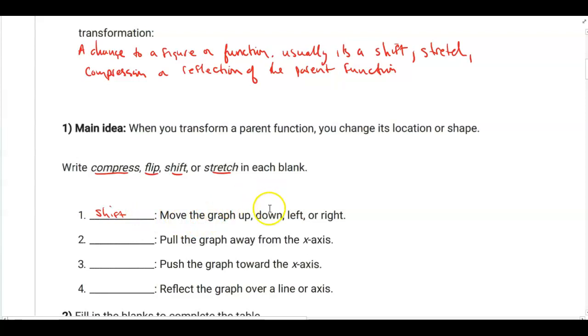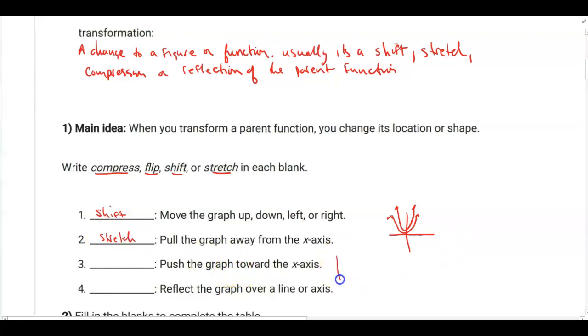Now, what happens when we pull the graph away from the x-axis? Basically, what they're saying here is if I have my parent function here, and we pull it away from the x-axis, meaning every point is getting higher, what is that? That is a stretch.